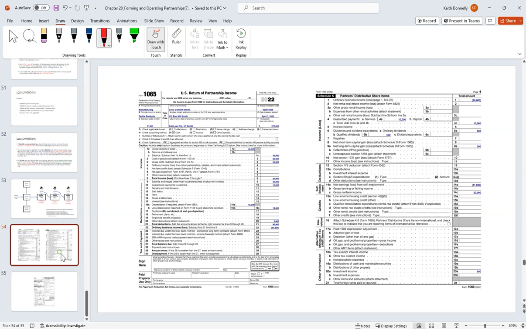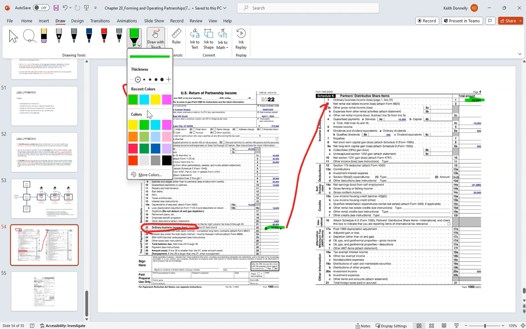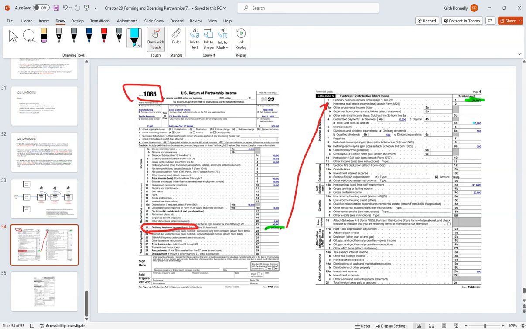So if we go down here, on the 1065, there's the ordinary business income. You carry that up to the Schedule K. And then here are all of the separately stated items over here. So you can see that, look through there.